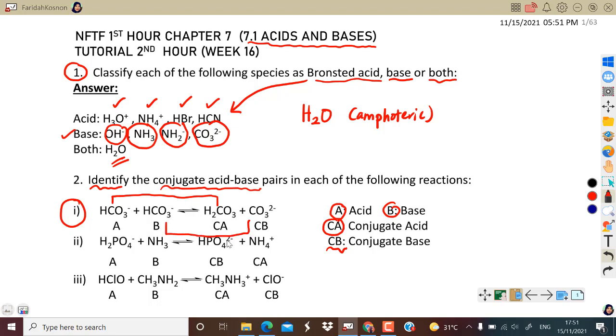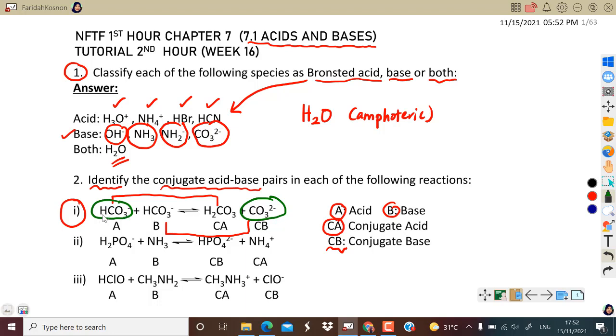So what happened to the first conversion? Let's say saya nak tengok yang ini, yang saya bulatkan dengan warna hijau tu. So what happened? You can see here HCO3 minus is converted to carbonate ion, and you can see it loses its proton.